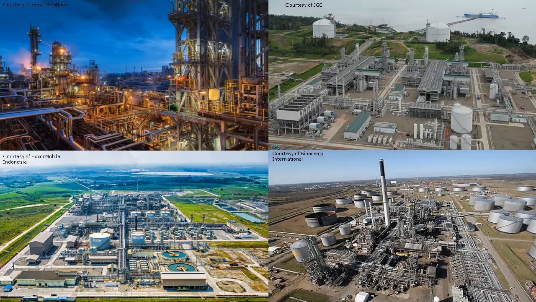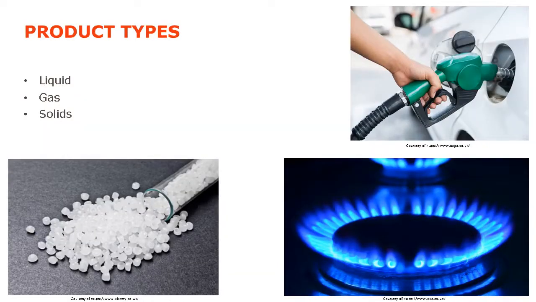If you want to know about the products that come out of these plants, let's move to the next slide. The products typically come in three different forms. They might be liquids, like petrol or diesel we use for cars.